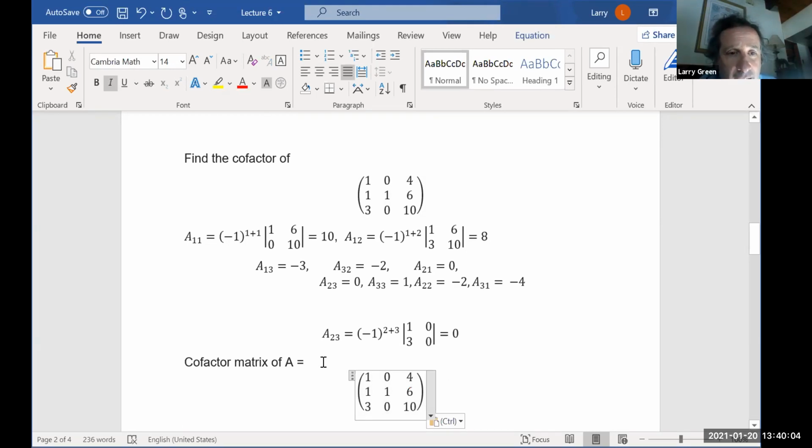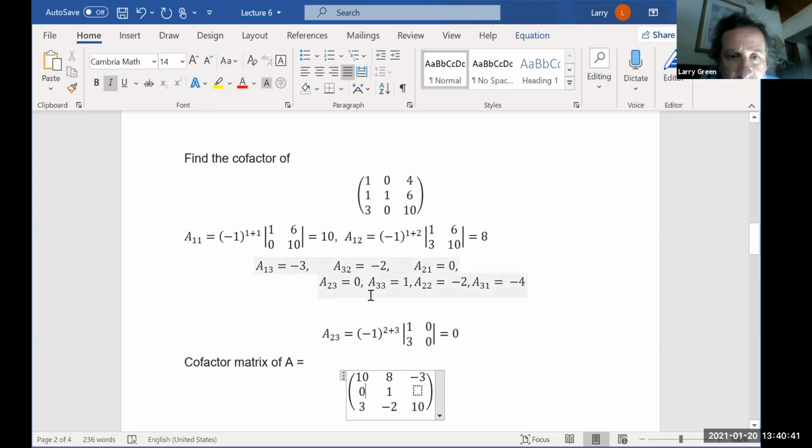So if you look at the 1, 1, that's a 10. 1, 2 was an 8. And then 1, 3 was -3. 3, 2 is -2. What's wrong? 3, 2. Third row, second column, -2. And 2, 1, second row, first column was a 0.